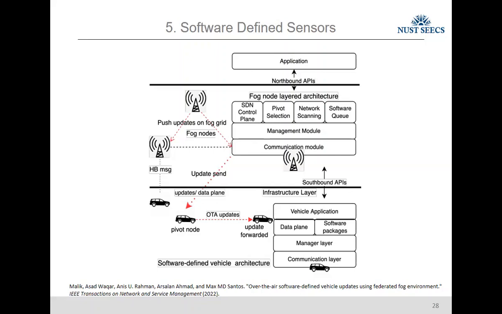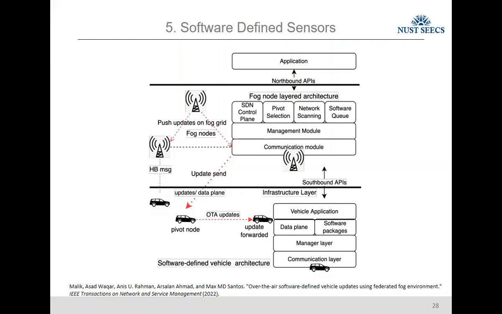They take a snapshot of the vehicles in their range, and based on that they draw a complete topology diagram, which helps us identify which vehicle is connected with which vehicle. The idea is that we don't want to broadcast this update to everyone, because most of the vehicles may already be updated. Broadcast means we are consuming the network, and network consumption limits the execution of other applications, right?